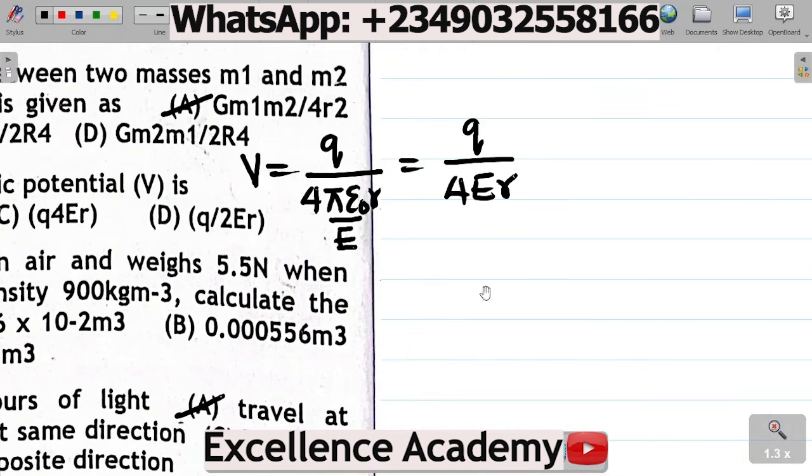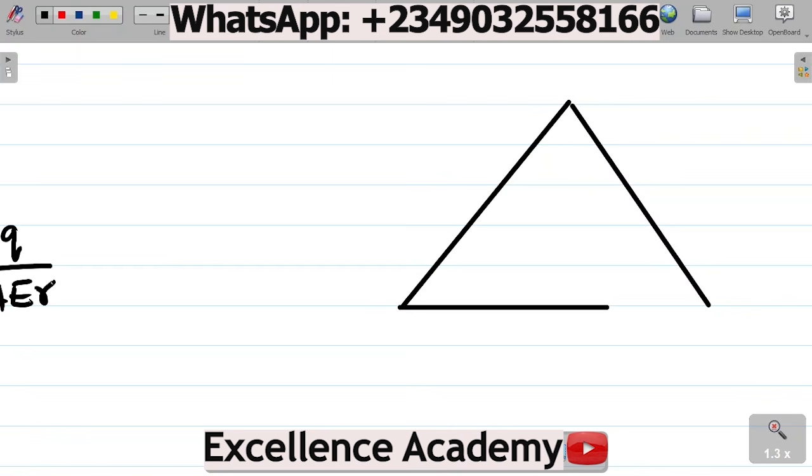Now, don't forget that when you look at dispersion of light, let's say I have my triangular prism this way. You have a triangular prism, and you pass white light through this.